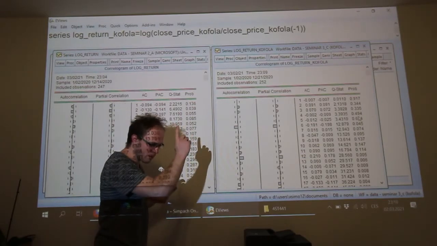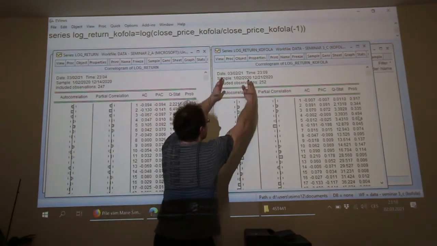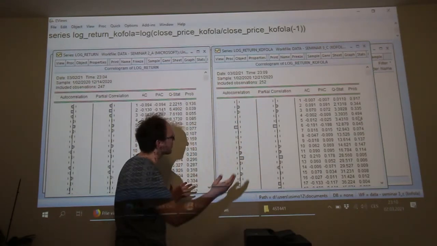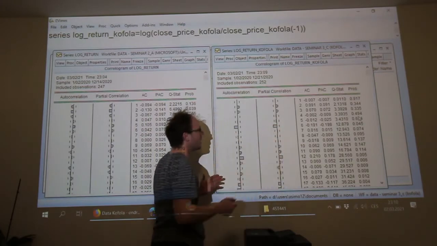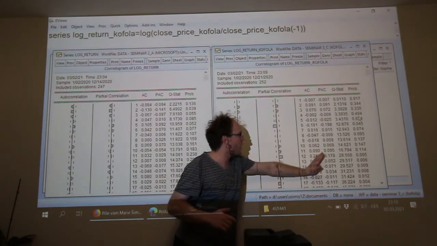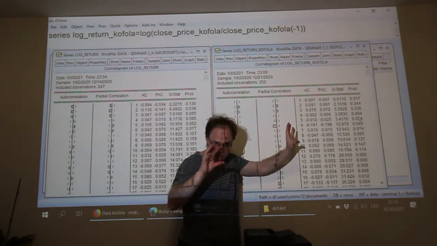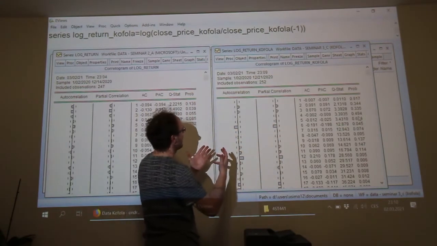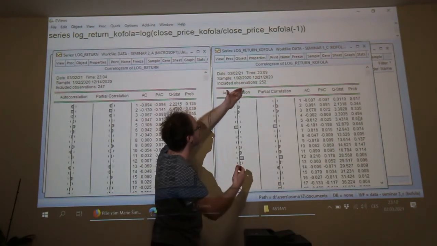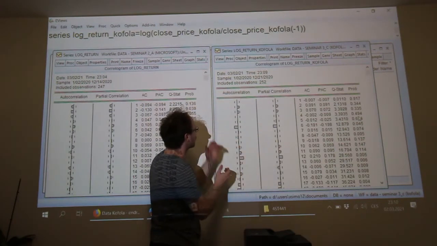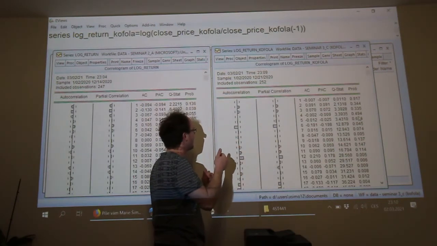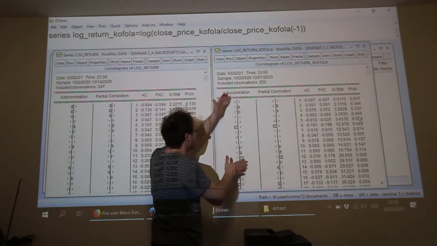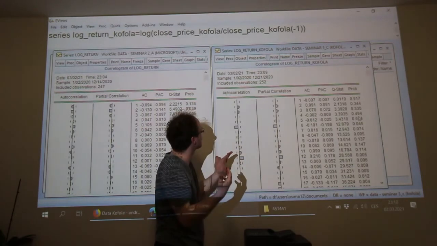The most important chart for us is this first one. Later we will speak about the second one and other values and functions in this table. But now at the beginning, enough for us is this autocorrelation chart, the correlogram, the graph with correlation coefficients.